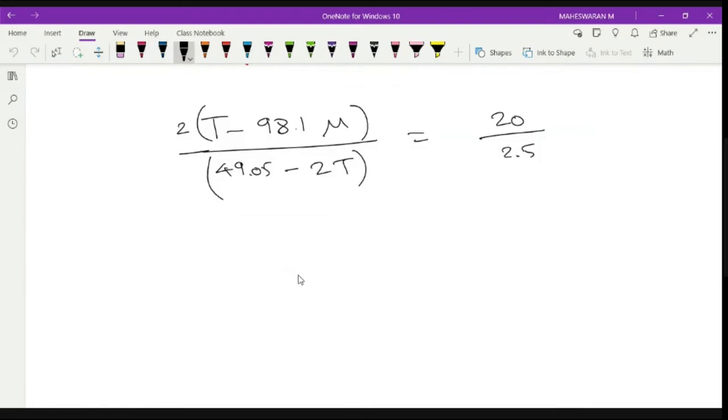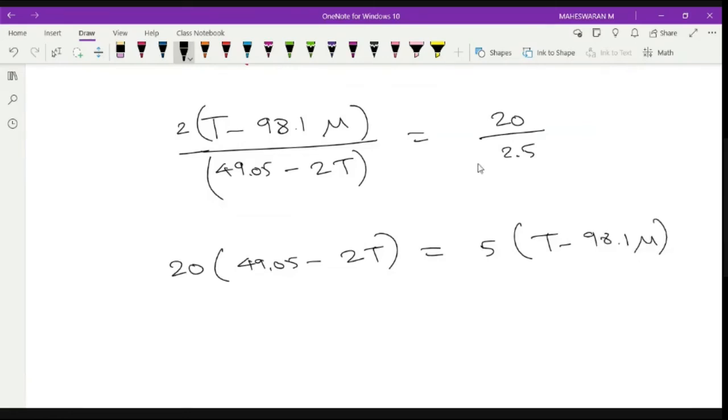I will get 20 into (49.05 minus 2t) is equal to 5 into (t minus 98.1 mu), cross multiplying, since 2.5 into 2 is 5. So 981 minus 40t is equal to 5t minus 98.1 into 5.